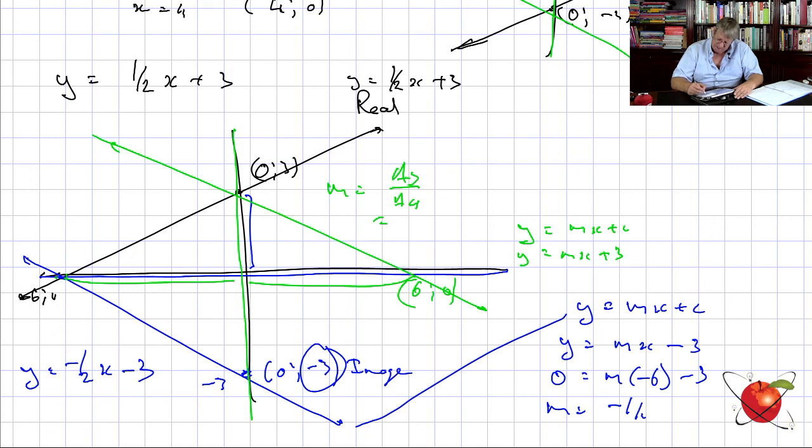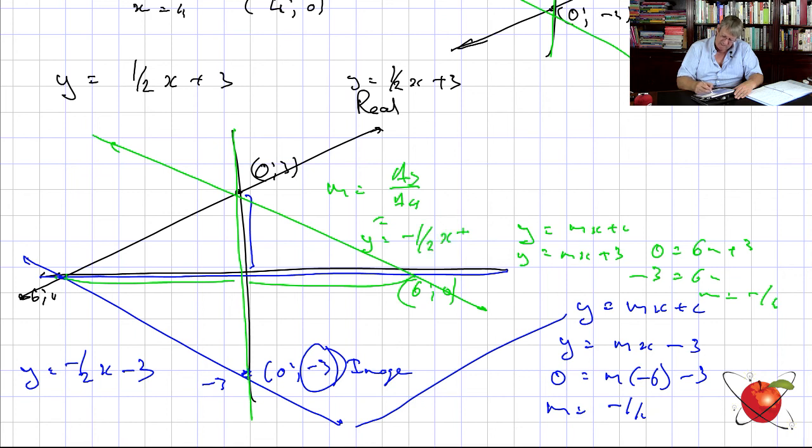So 0 is equal to 6m plus 3. Therefore, 3 is equal to 6m minus, m is equal to minus a half. So the answer is y is equal to minus a half x plus 3. Okay? And there you have the reflections about the axes.